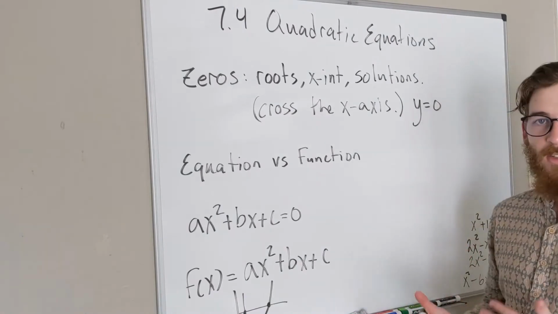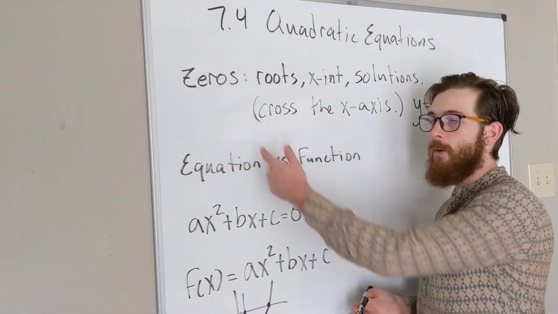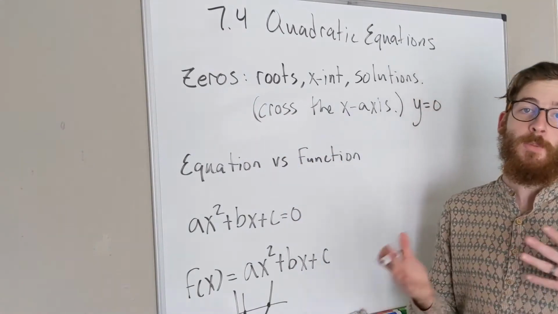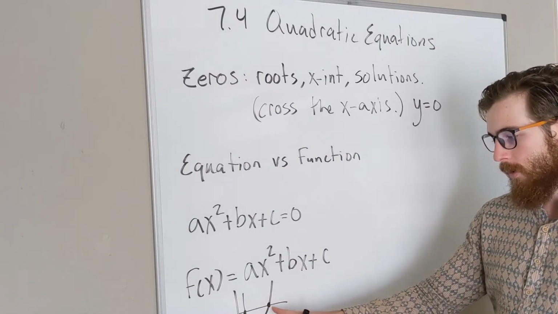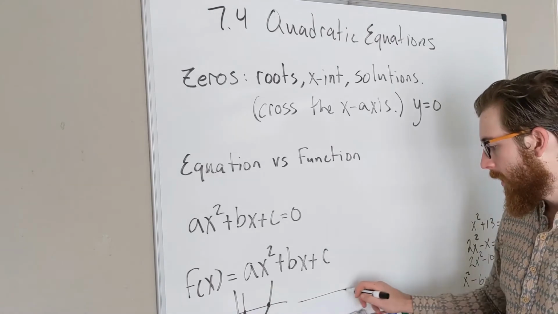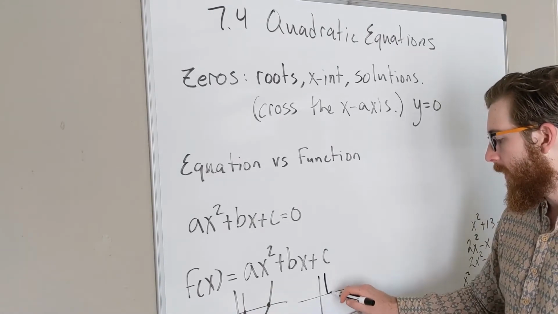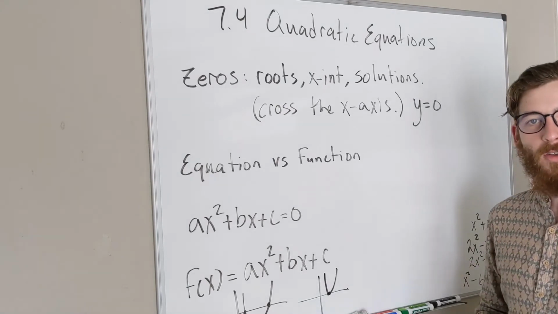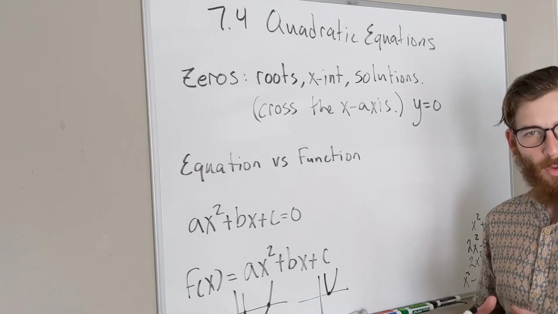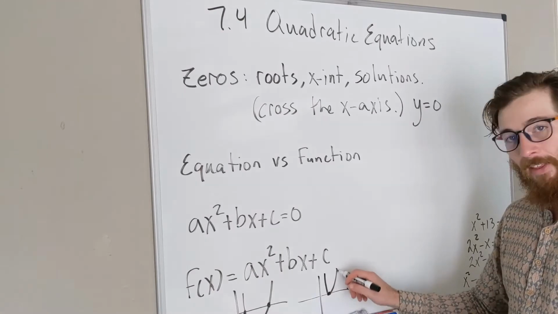So this brings me to the question of how many zeros we can have for a specific quadratic function. Well, in this case, there are 2. Okay, great. Well, what if it looks like that? There's just one solution, but it's called a double root, where it bounces at the root.